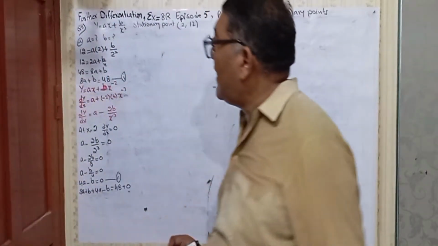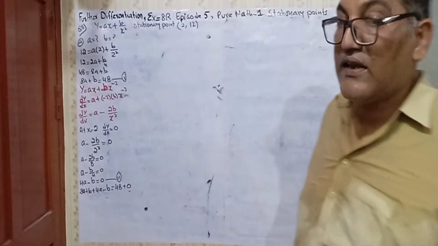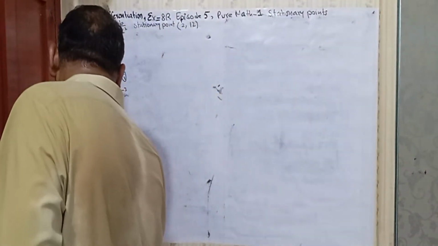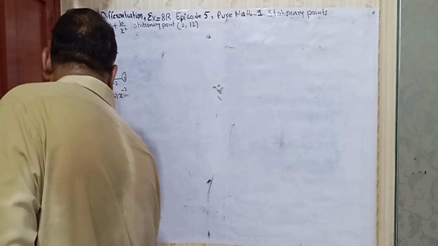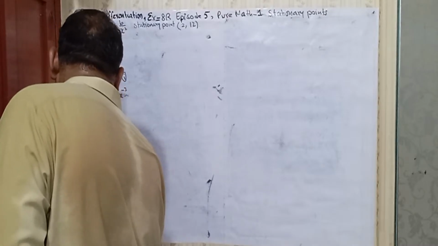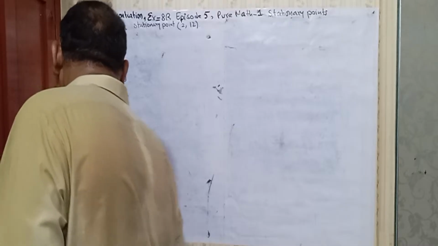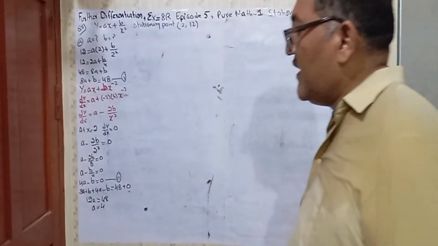I am adding the first and second equations, so b and b will be gone. You will have 12a equals 48, so a equals 48 divided by 12, which is 4. Now I have the value of a, that is 4.